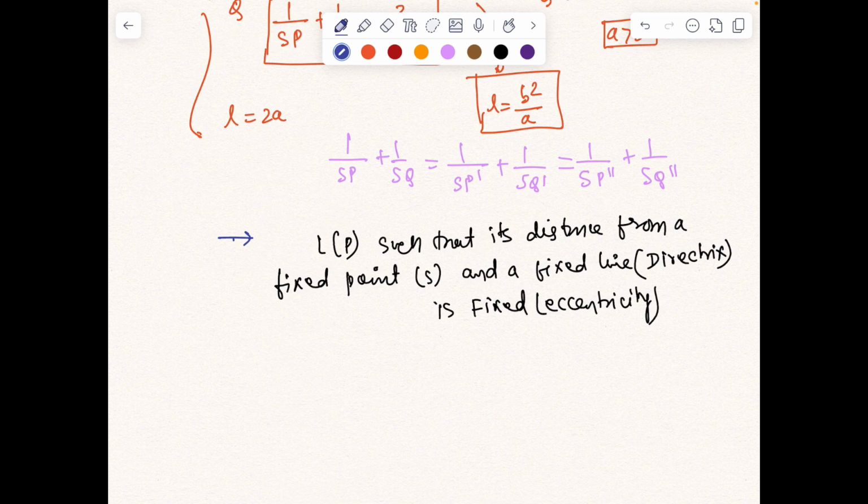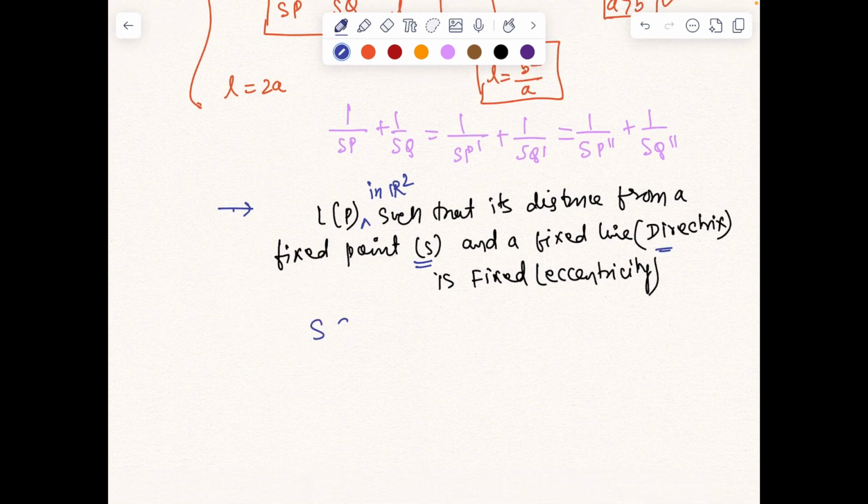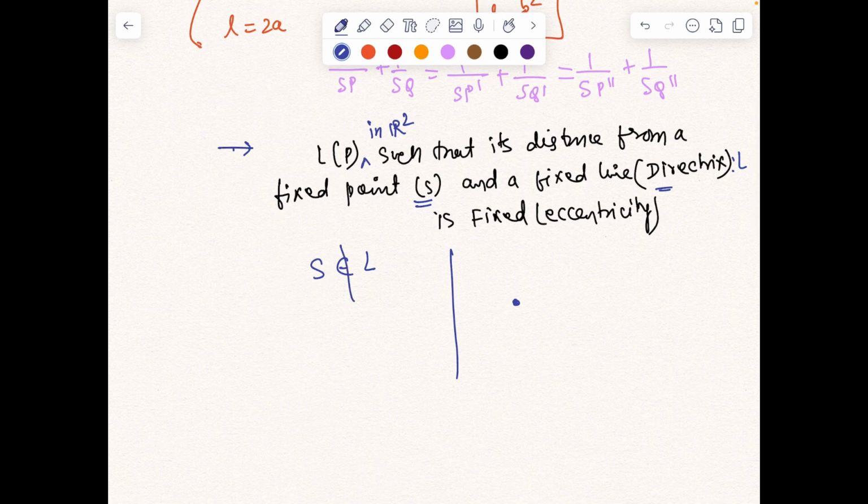A conic is a locus of a point in plane R2, meaning the xy plane, such that its distance from a fixed point, which is known as focus, and a fixed line, directrix, is in a fixed ratio, which is known as eccentricity. So for the first case, when S does not belong to L, the directrix line L and the fixed point focus will be separated.